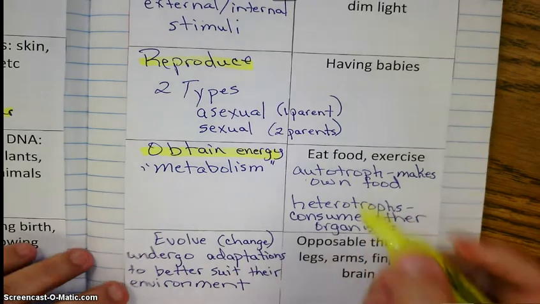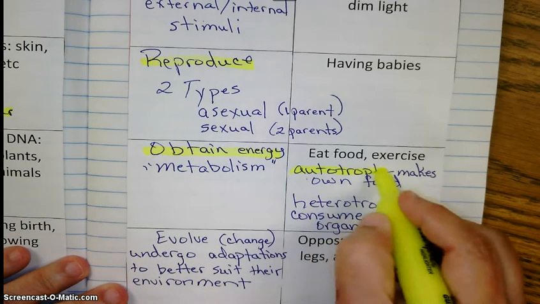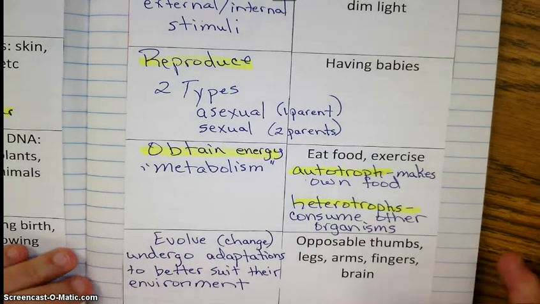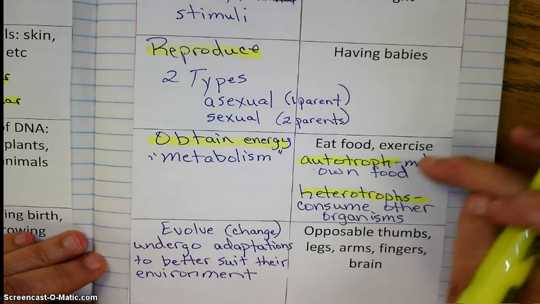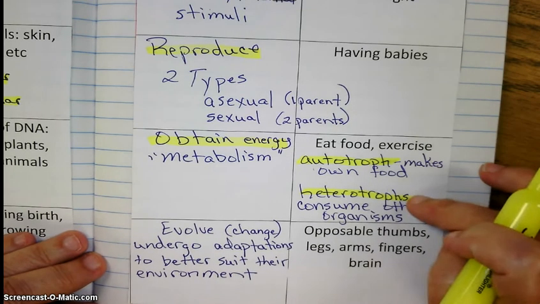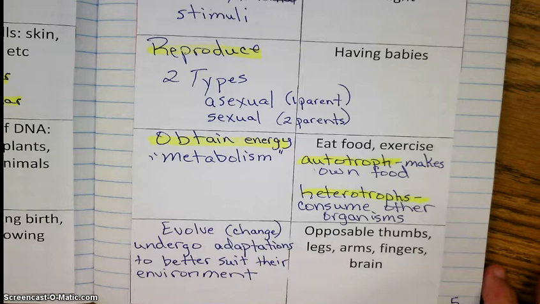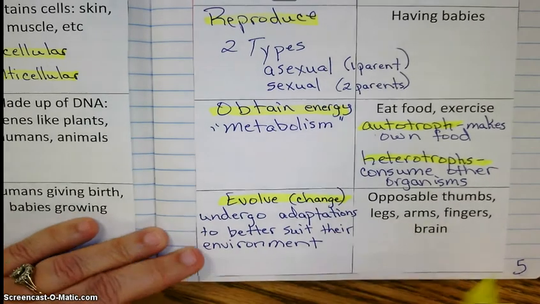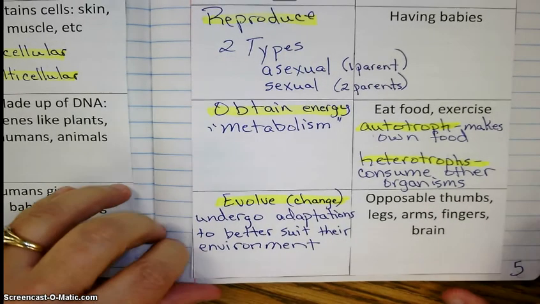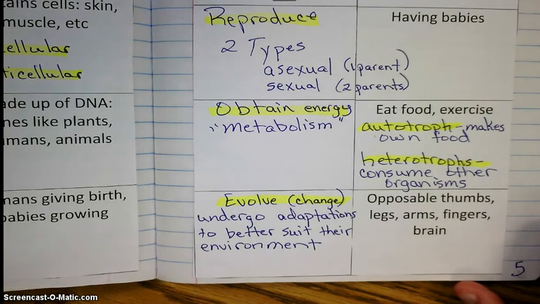And so you need to know the term autotroph and what it means. You need to know the term heterotroph and what it means. Your lower level vocabulary was producer and consumer. We've moved on. We're on autotroph and heterotroph, but it means the same thing. And then also all living things have to be able to evolve or change.